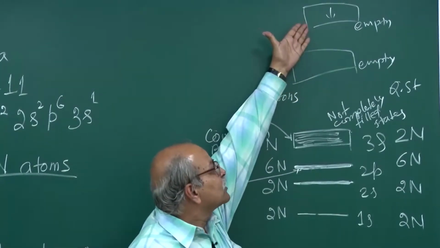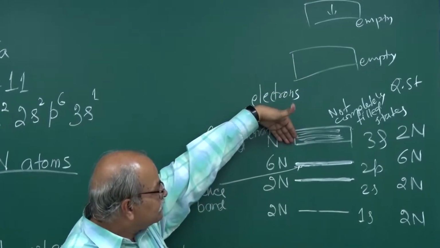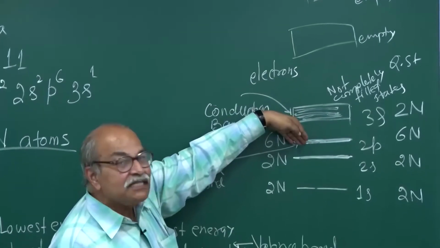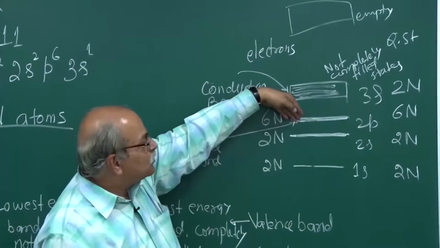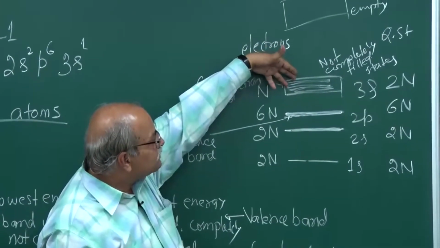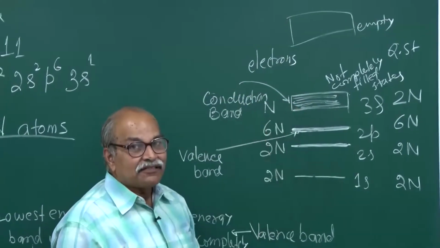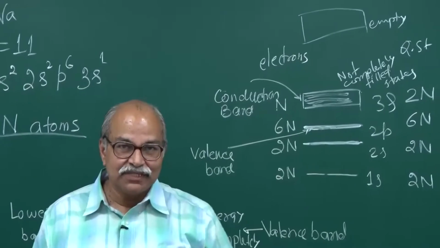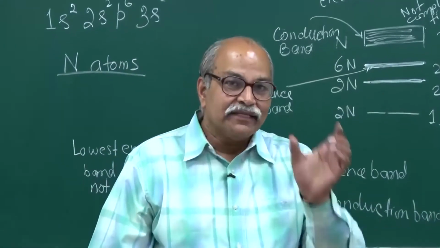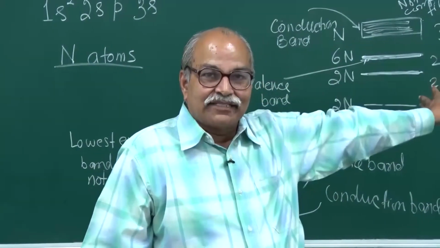This is also not completely filled. So, you come down and this is that lowest energy where you have not completely filled. If you go further lower, you have a completely filled band. So, the first one coming from top which is not completely filled, we will call that the conduction band. So, these two words I will be using very frequently. Now, the name conduction band can be justified very easily, at least in this case.